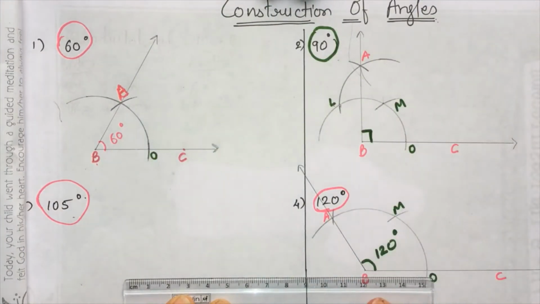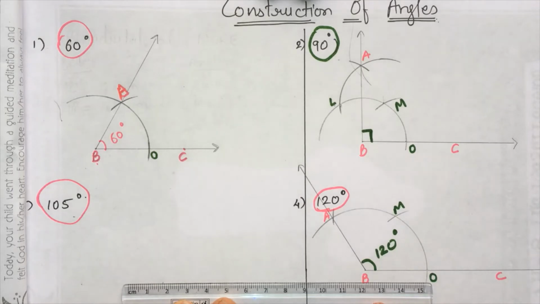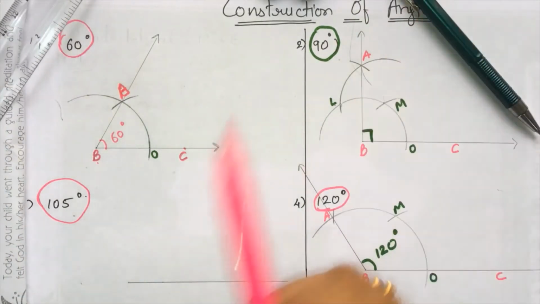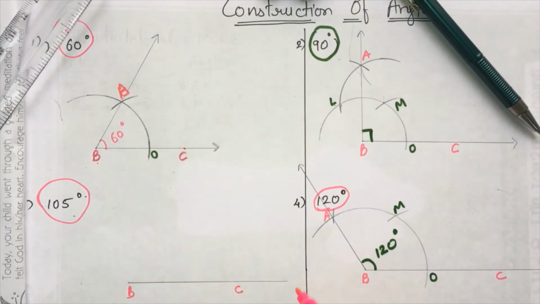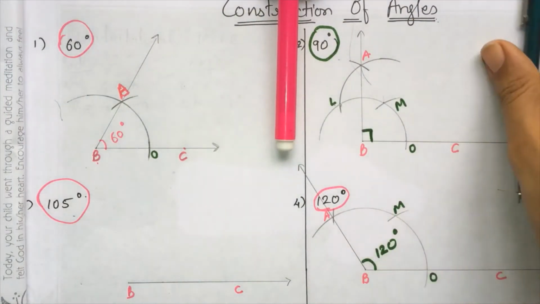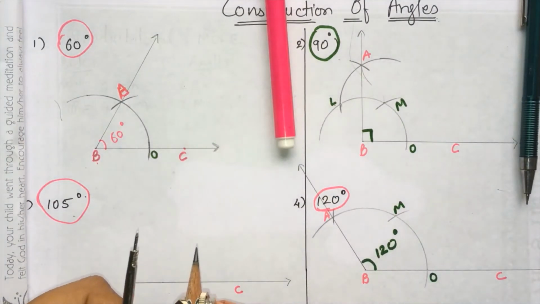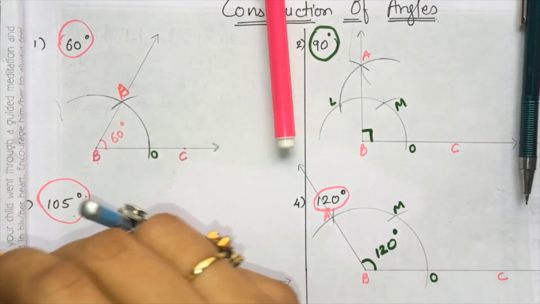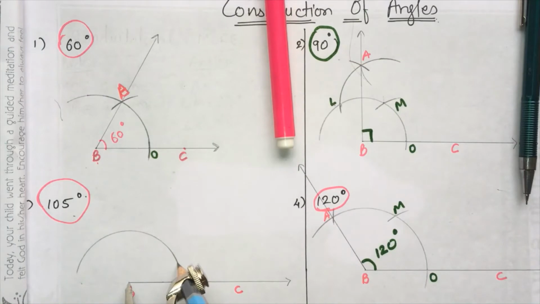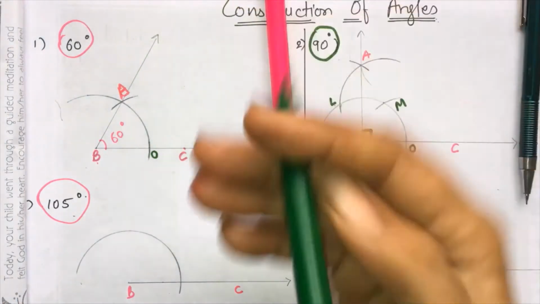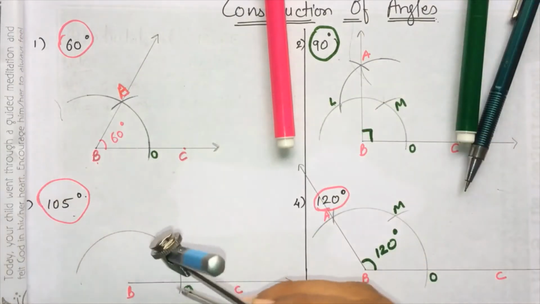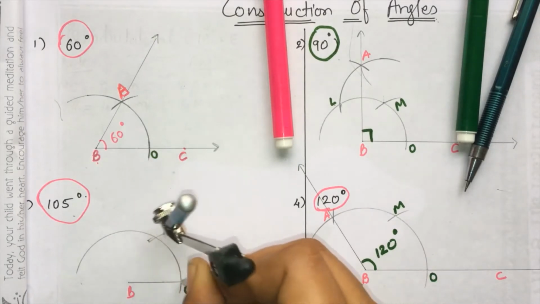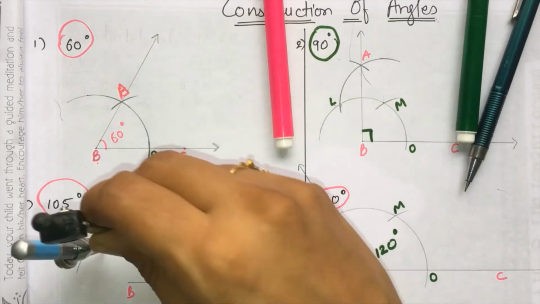So here again starting with the same, drawing one ray, naming BC, taking a random radius of any distance, drawing an arc, first arc, naming the point of intersection as O. Next, from O we will put one arc, then we will put one more arc.